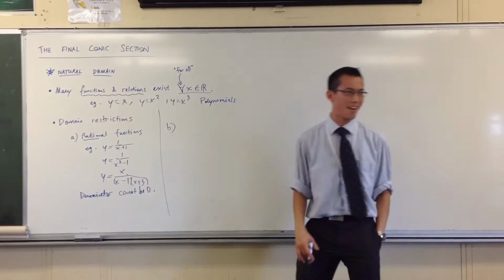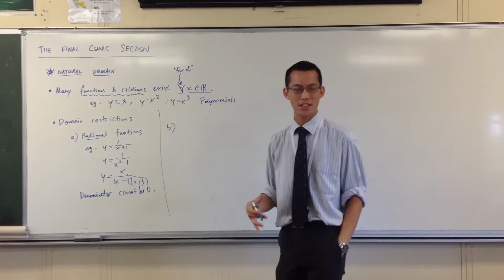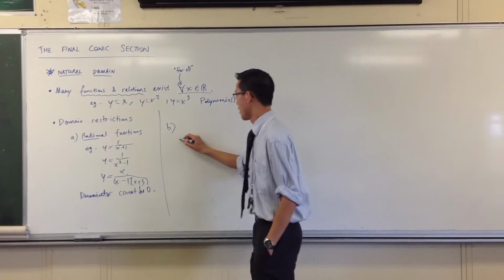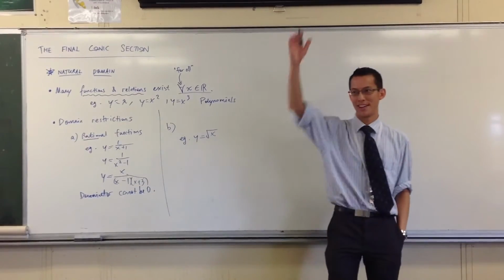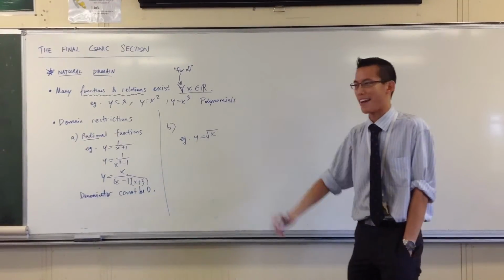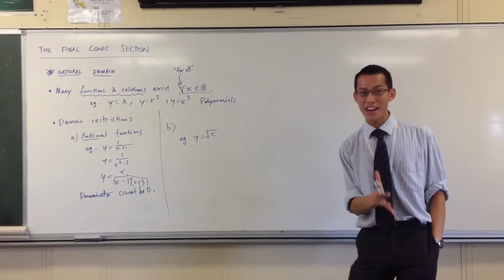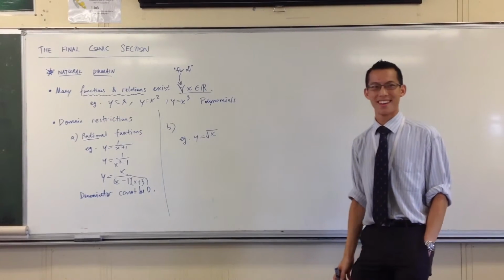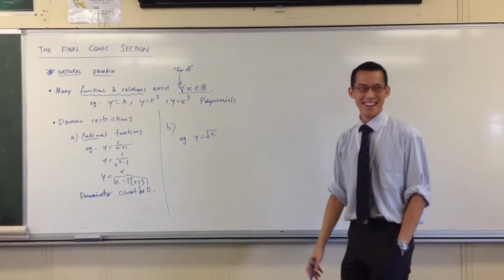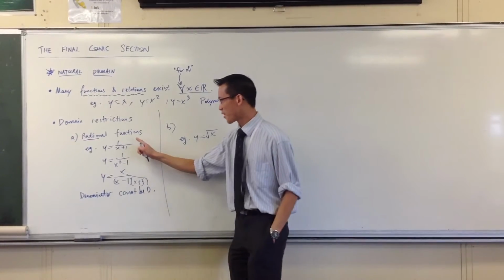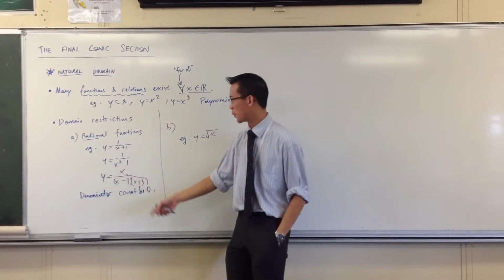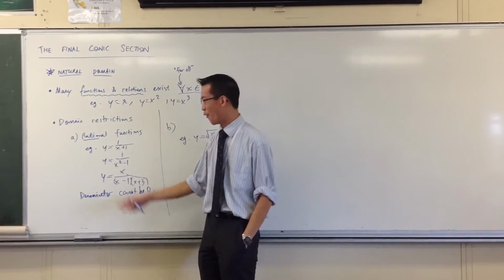Next one. Now, hopefully you have this, but you probably don't know the name. Please put your hand up if you have something with a square root in it. Hands up. Okay, good, not bad. Now, does anyone actually know what they're called? So these are fractions, ratios, but we don't call them ratio functions or fraction functions.